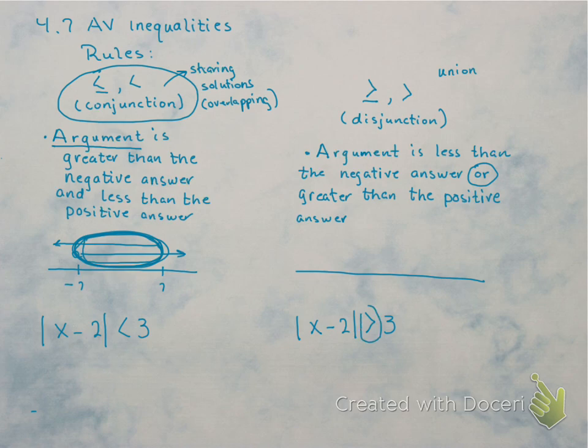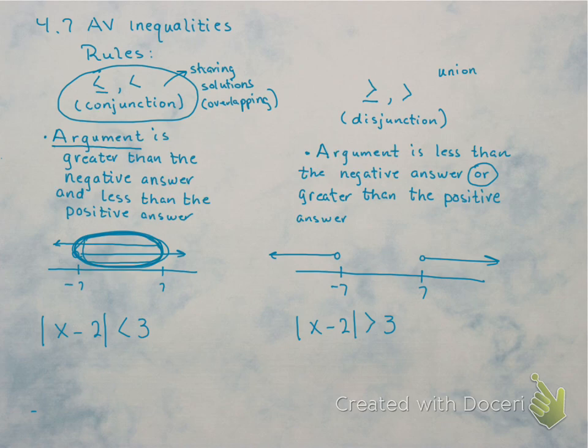So this is a disjunction while the other one is a conjunction because of the symbol. So the first thing that we're going to have to do when we approach these problems is look at the symbol and decide which one we are dealing with, the conjunction or the disjunction. Okay, so in a disjunction, the argument is going to be less than the negative and greater than the positive.